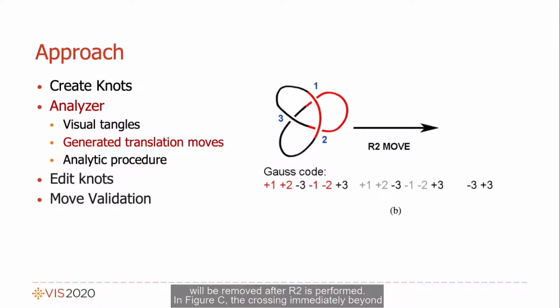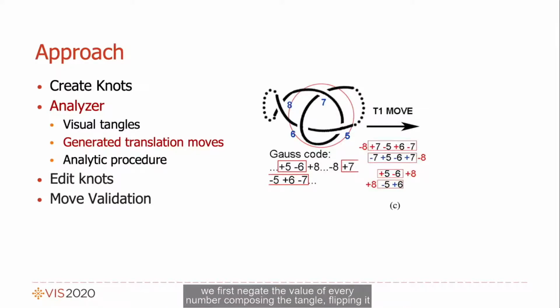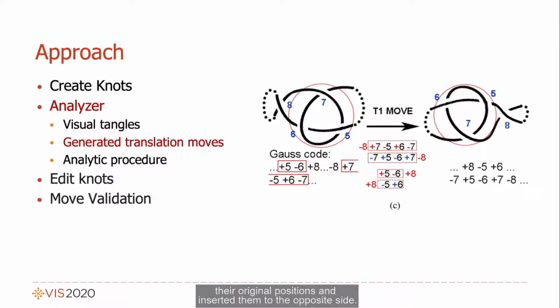In Figure C, the crossing immediately beyond the tangle has 2 crossing integers negative of each other, so we can perform a T1. When performing a T1, we first negate the value of every number composing the tangle, flipping it over, and remove the 2 numbers composing the crossing adjacent to the tangle from their original position and insert them on the opposite side.